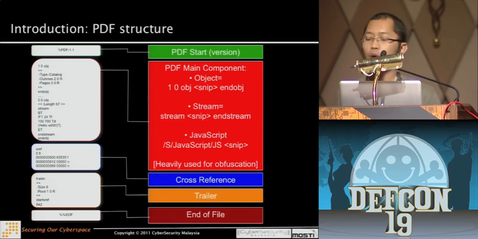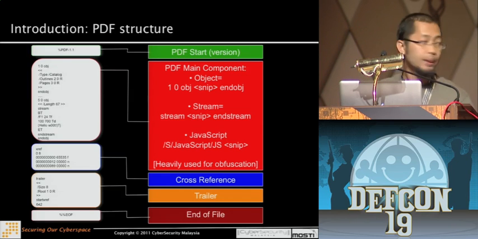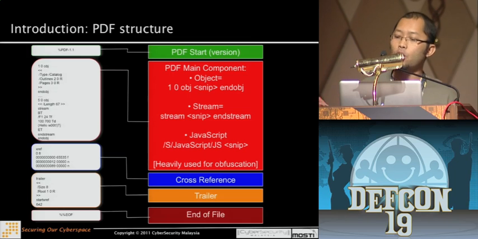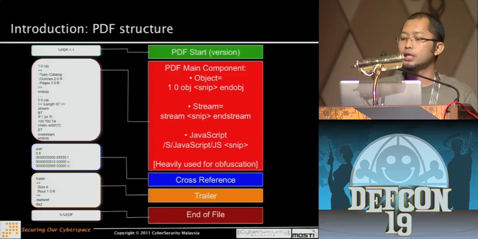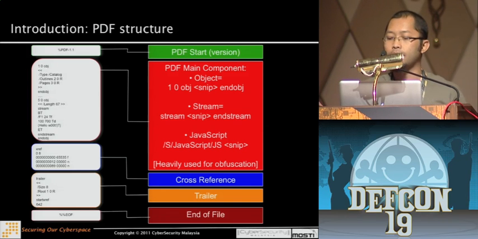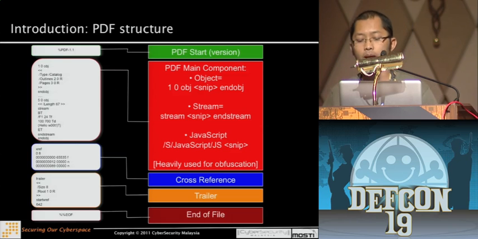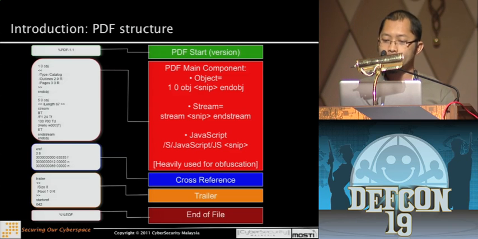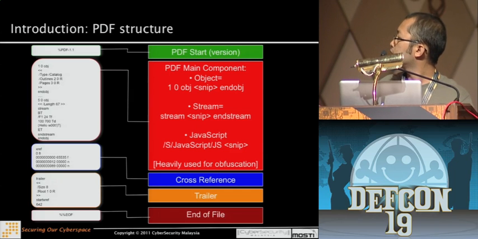The second part is the body, which is pretty much the main component of the PDF. Normally you have objects, represented as obj and ended with endobj. Later on, I will show some obfuscation that you can implement when it comes to object declaration.